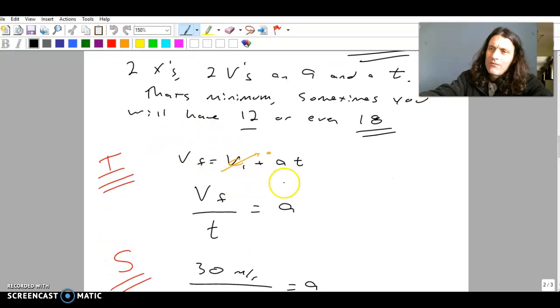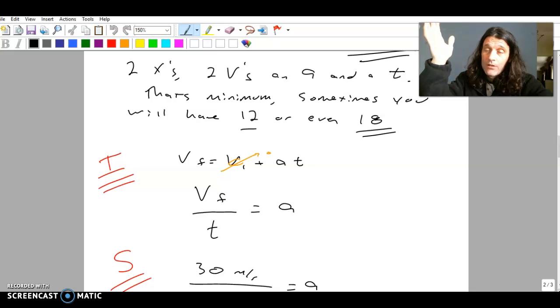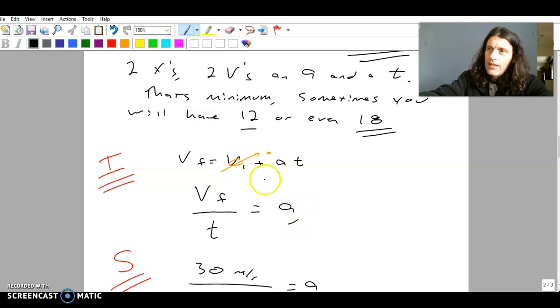Okay, so here's the I. You identify the equation you need based on that variable list. You had XI, XF, VI, A, and T. X's were not even involved, so that guided me to here. You're solving for an acceleration. So you've identified and isolated the letter you're looking for, that A right there.